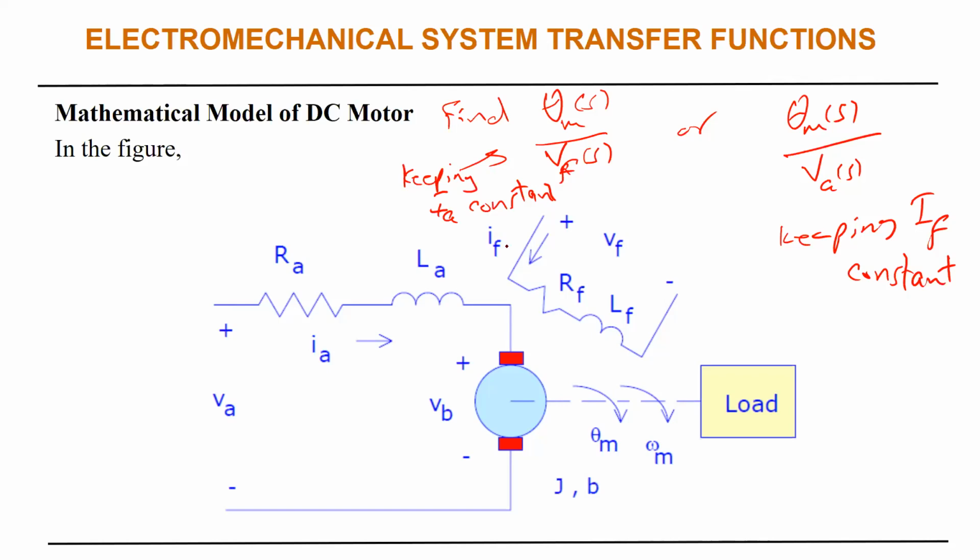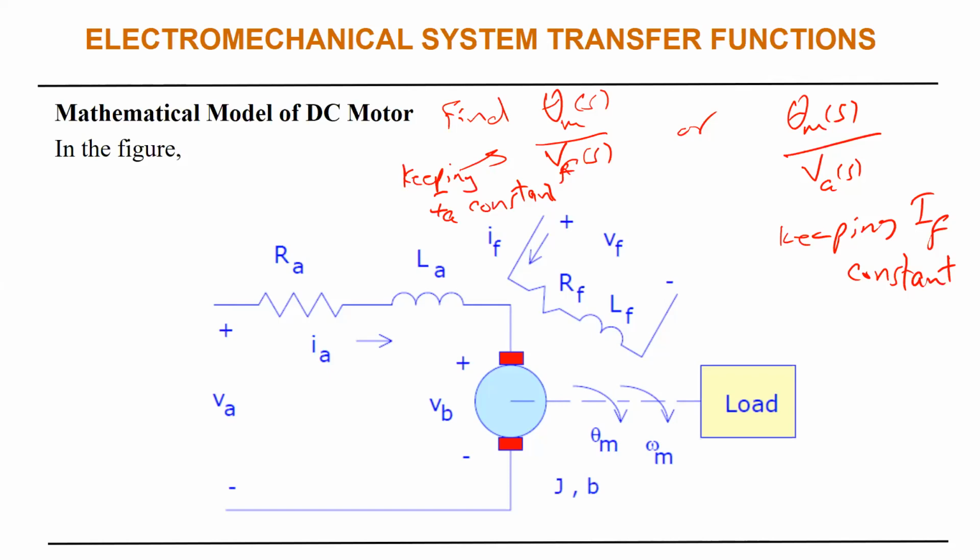Look, IF will produce a certain field. You are passing a current through coils, so you produce a magnetic field. And in the other winding, you are also injecting a certain current that will give you another field.